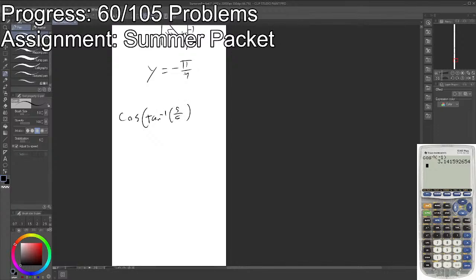The way they do it, they draw the reference angle, and then they use Pythagorean theorem to find this one, which is square root of 61. And then they find cos. Okay, that's easy. I can do that.